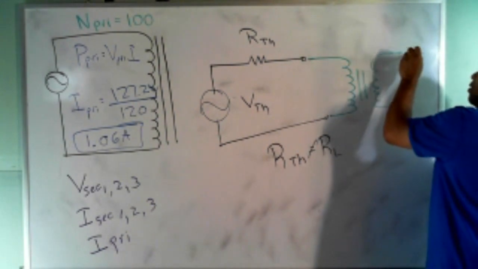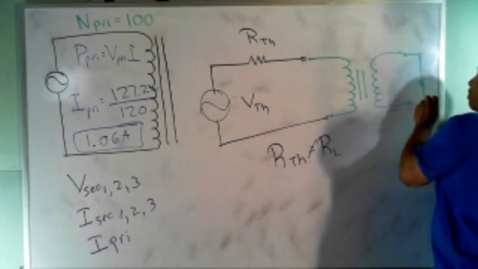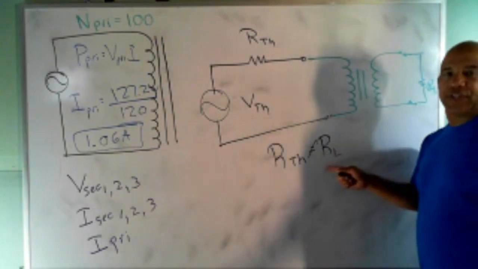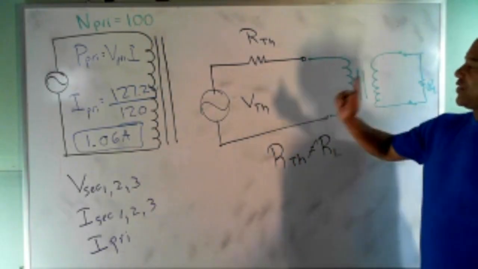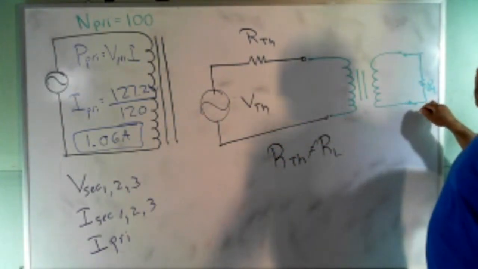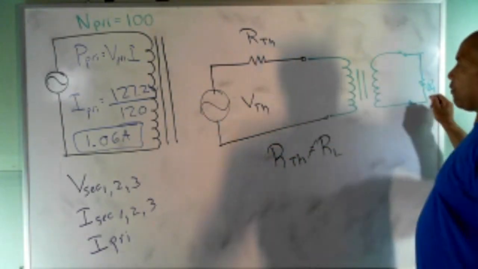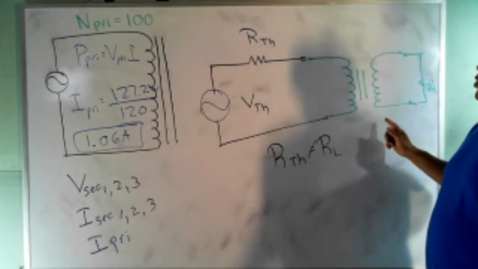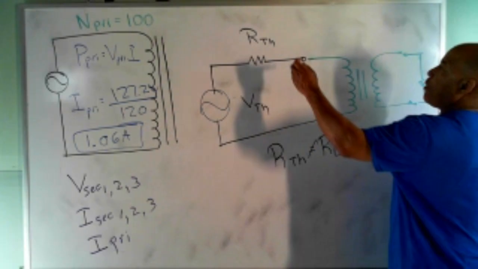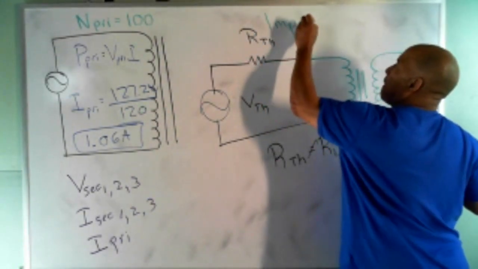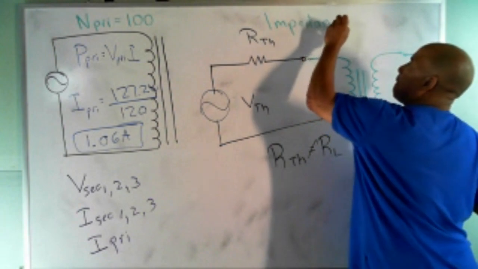You can take your load, put it over here on this transformer, and you can actually force this equation to be true and still get maximum power transferred from the power source to the load, from the amplifier to the speaker, from whatever to whatever needs it. When you use a transformer for that purpose, it's called impedance matching.